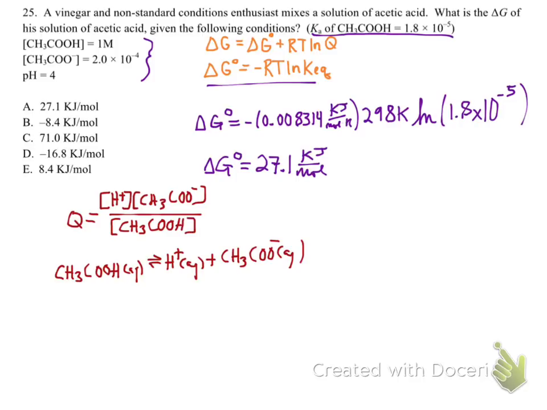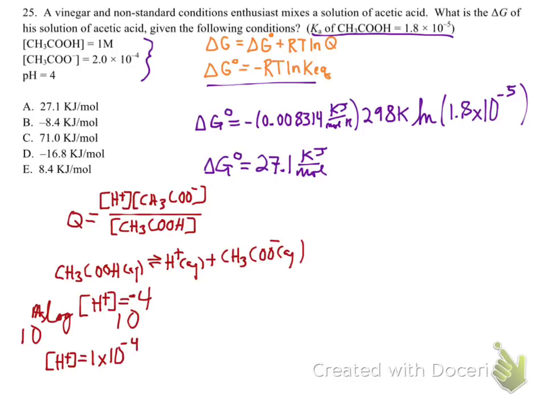So we're not explicitly given the H+ concentration, but we can find it using the pH. Remember that pH means the negative log of the H+ concentration is equal to 4 here. So I'm going to move the negative sign to that side and do 10 to both powers. And that's going to end up giving us that the H+ concentration is equal to 1 times 10 to the -4th.